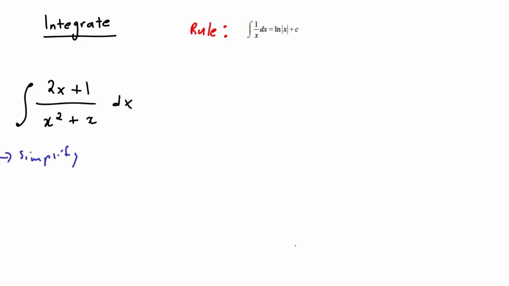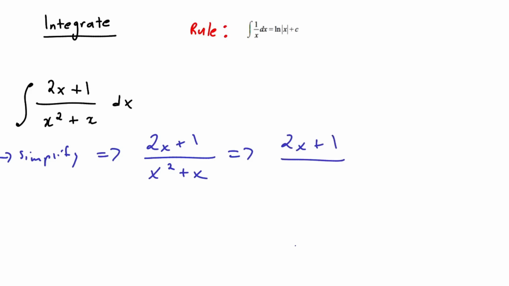So let's do that. Actually, let's just simplify this first. If I have (2x plus 1) over (x squared plus x), I can factor the denominator, and it would become (2x plus 1) over x(x plus 1).